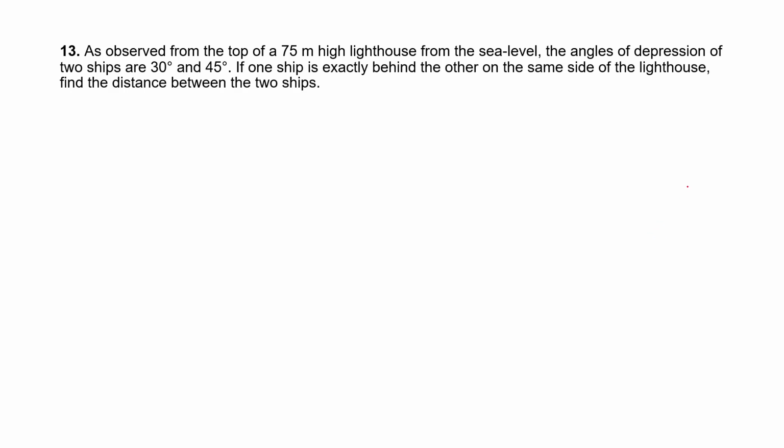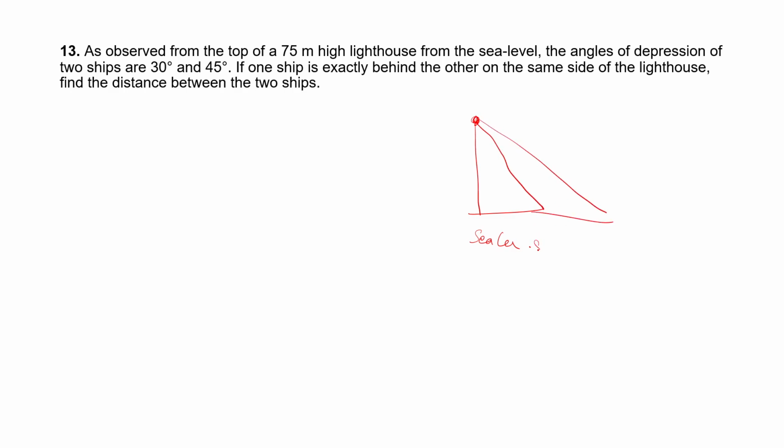As observed from the top of a 75-meter high lighthouse from the sea level, if this is the sea level, somebody is watching the ships from the top of the lighthouse. Two ships, ship 1 and ship 2.